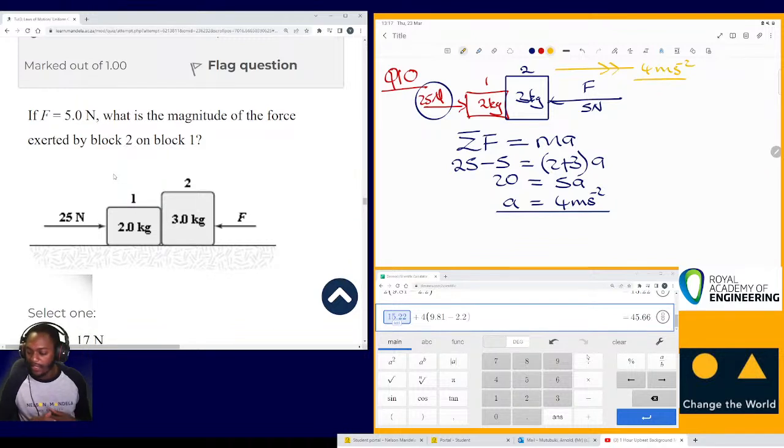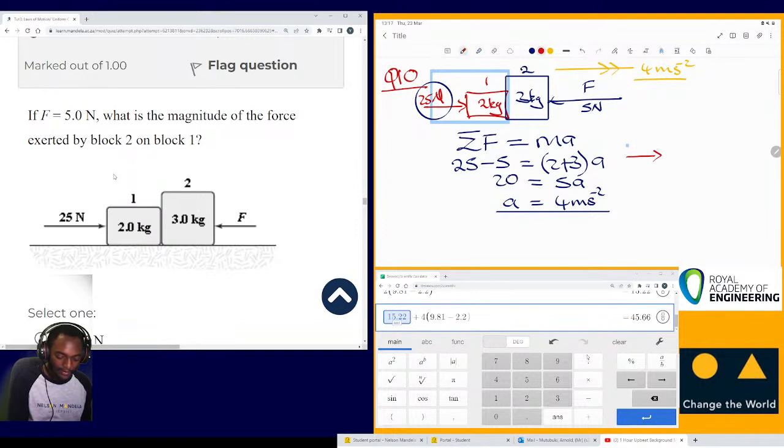Now, having done this, we need to find the force that is acting on the 2 kg body. So if we isolate our system to say, now we're looking at this part. If we were to sketch, this is what we would have.